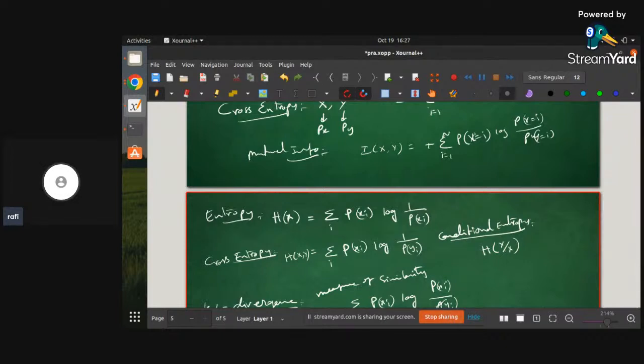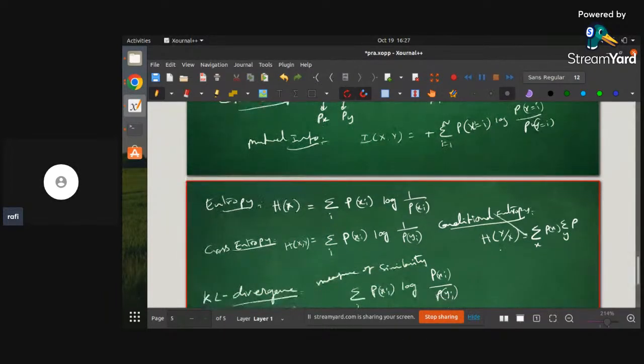This is given as summation over x p of x and summation over y p of y given x log p of y given x.